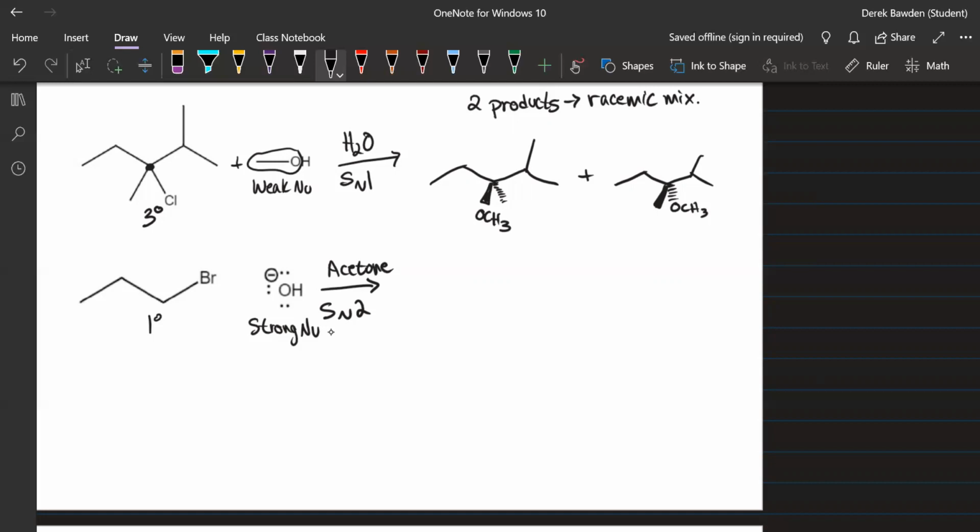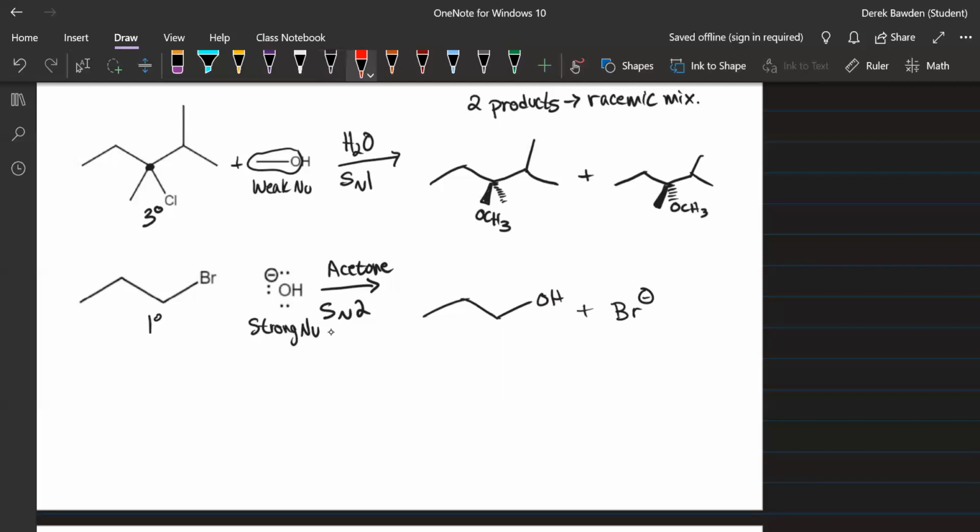And then what happens with SN2 with stereochemistry? Inversion, right? Unfortunately, there's no stereochemistry on this one. So there's only going to be one product, and it's going to be this right here.